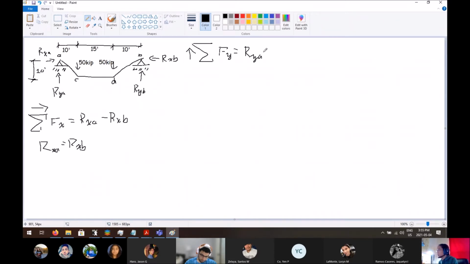We have this 50 kips right here at C, going down, so it's minus 50 kips. Another 50 kips going down, minus 50 kips. Ryb, it's going up, so it's plus. So Rya plus Ryb is equal to 100 kips, right?